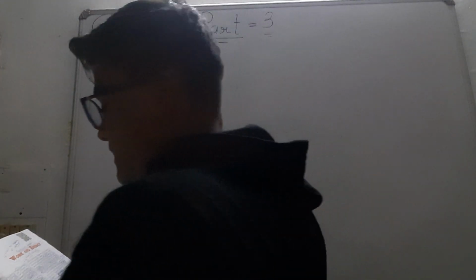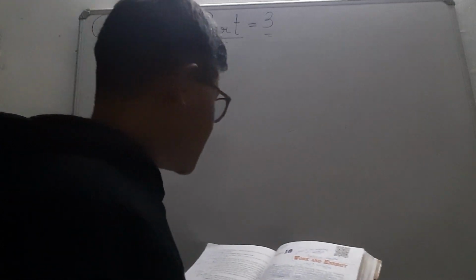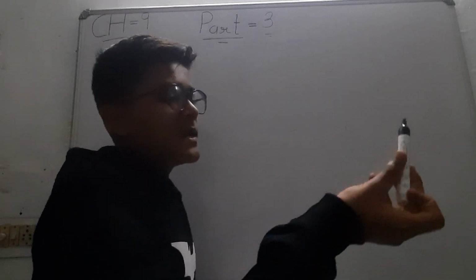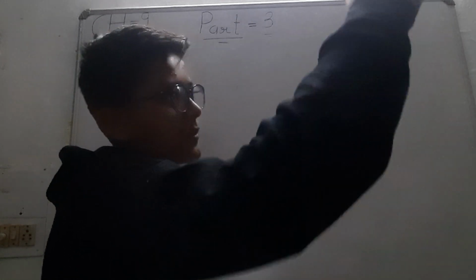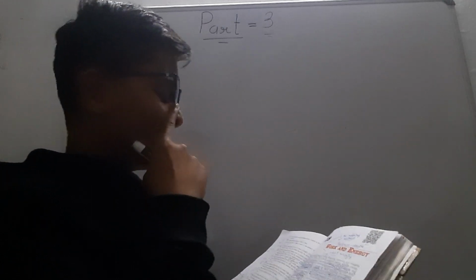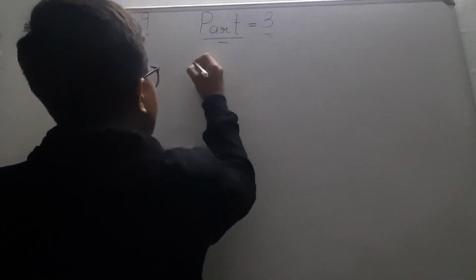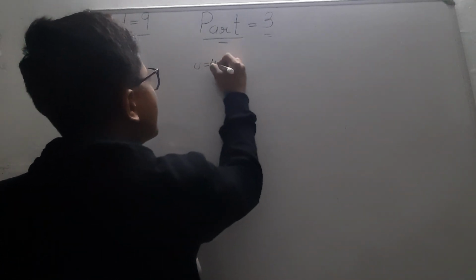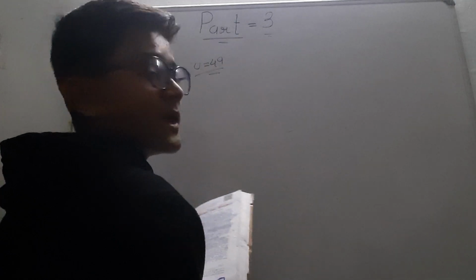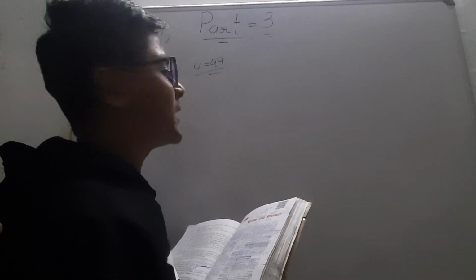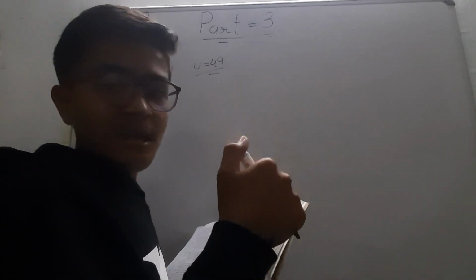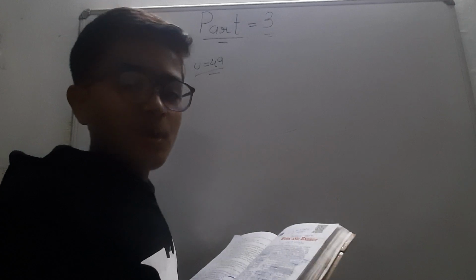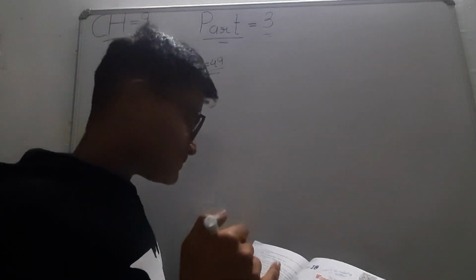In question number 13, they have told a ball is thrown vertically upward. Here this is the ball. It was thrown vertically upward, straight upward like this. Its velocity is 49, it means u is equal to 49. Why is u 49? The initial velocity is 49 because it was thrown with a velocity of 49 initially. Final v will be 0 because finally it will come to rest.